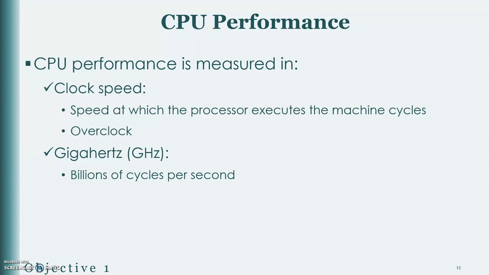Just as a side note, there's something called overclocking, which means that users can actually go in and modify the clock speed of their processor. The reason they do this is to make their CPU run faster than it was designed or tested for.